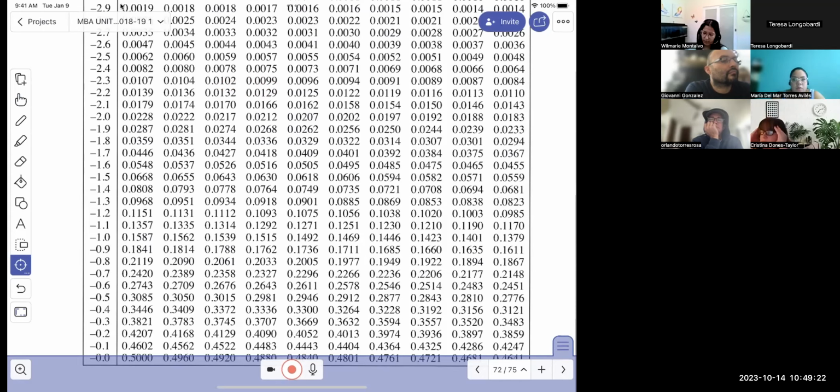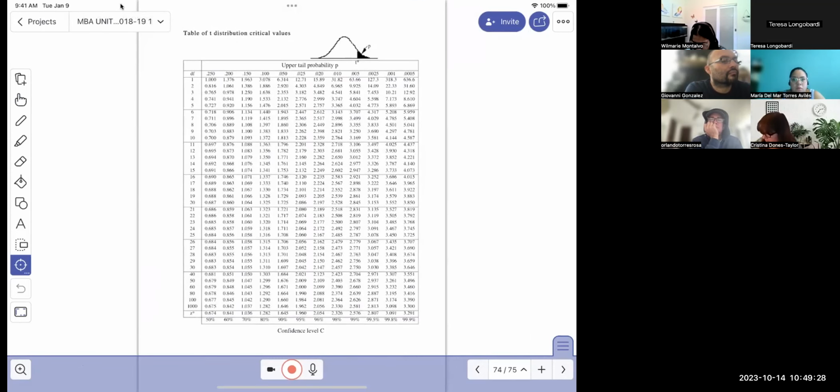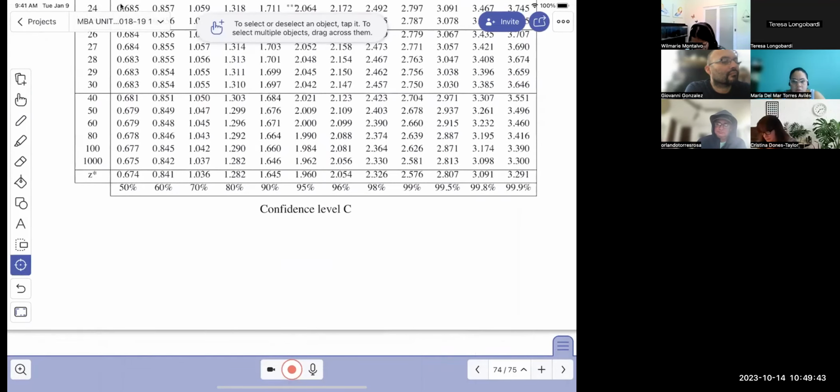Now we can even get more precise, using the new table I've added here, and I will explain it. It looks like the normal distribution, but it's slightly different. It actually depends on the sample size. But at the very bottom, that table gives you the critical value for the confidence interval to 3 decimal places, more precise.